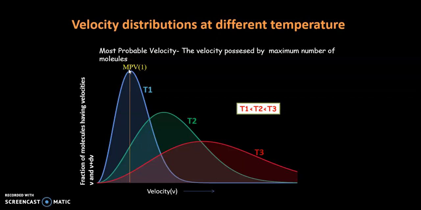For the three curves, we have three most probable velocity values. As the temperature increases, the curve flattens out because high temperatures allow a large fraction of molecules to acquire greater speeds. These are the main features of Maxwell's distribution curve.